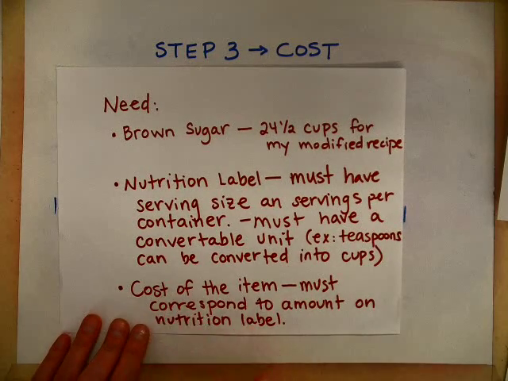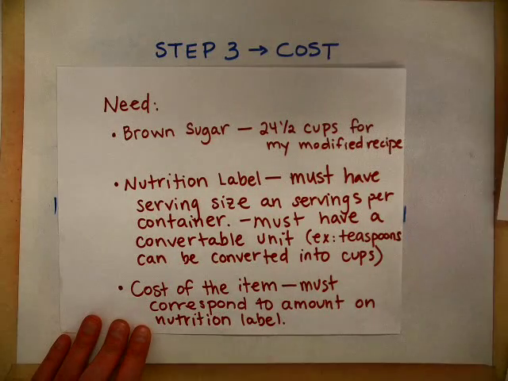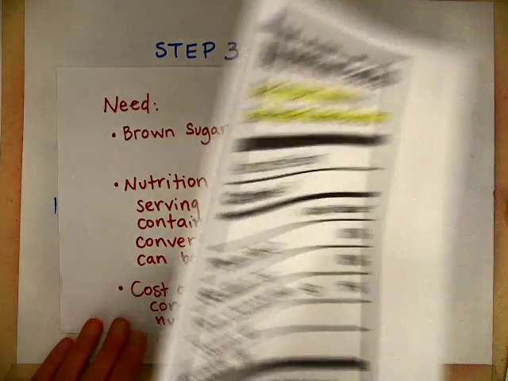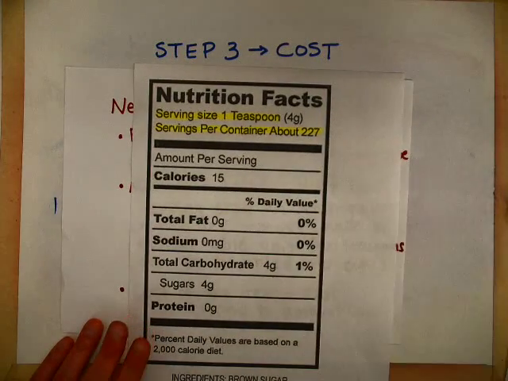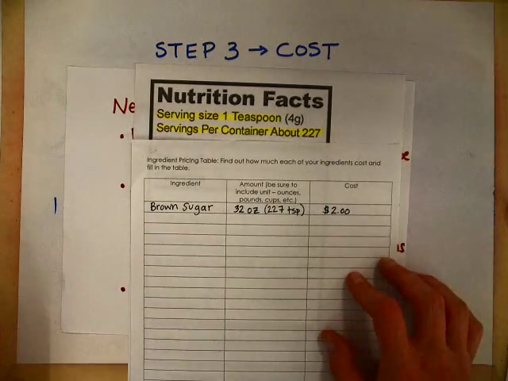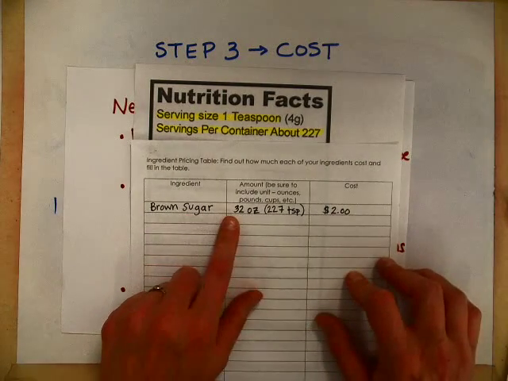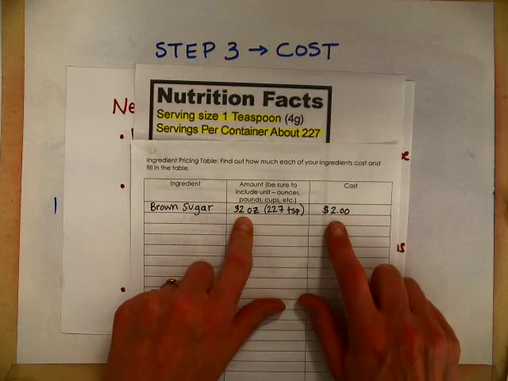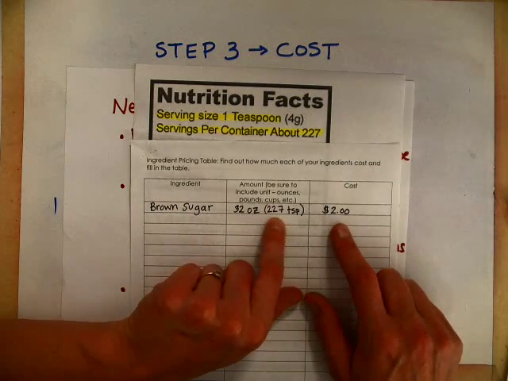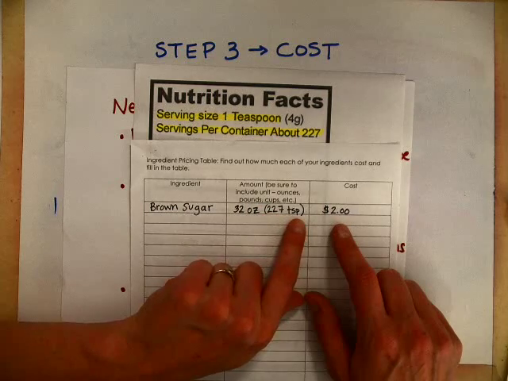So the next thing that you need is the cost of the item. So if you're looking for the cost, your information for that also has to correspond with your nutrition label. So for me, I have this nutrition label, and this price I found that brown sugar costs $2 for 32 ounces, and that was also 227 teaspoons.